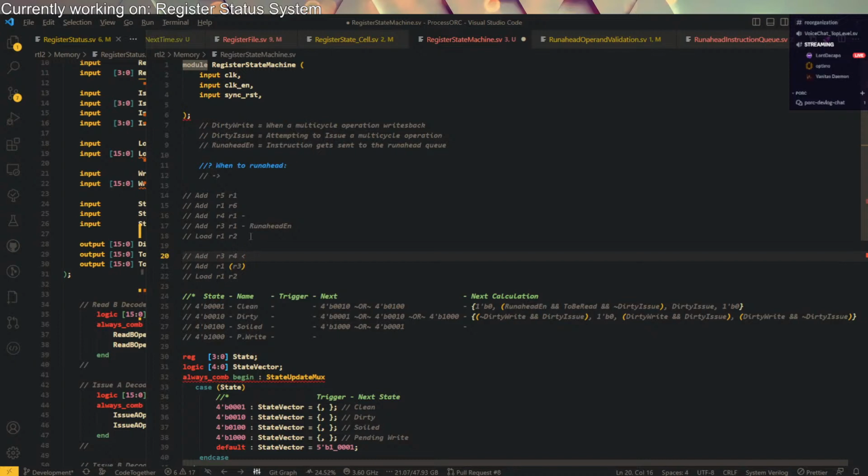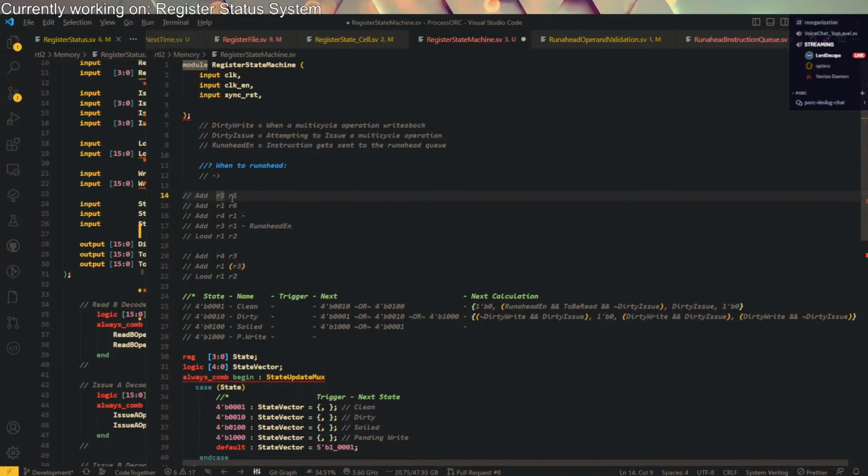Let's say you had add R1 R3, add R3. Wait, so for your assembly syntax, is it operation, source, and destination? No, it's every single two-operand assembly. The first operand is your source and destination, and the second one is the source.